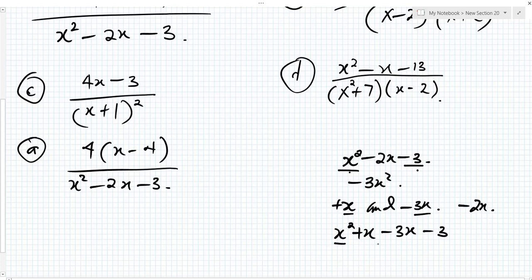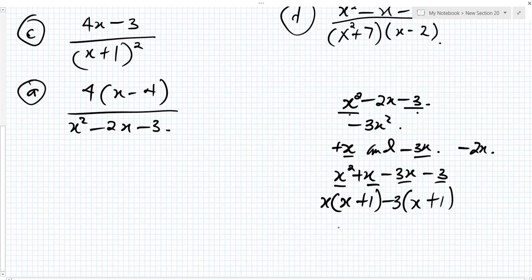The common factor here is x. So x squared divided by x is x, plus x divided by x is plus 1. The common factor here is minus 3. Minus 3x divided by minus 3 will give you x. Minus 3 divided by minus 3 will give you plus 1.